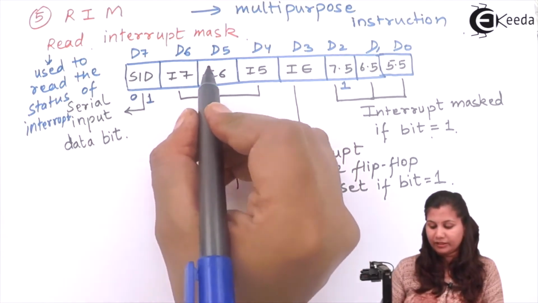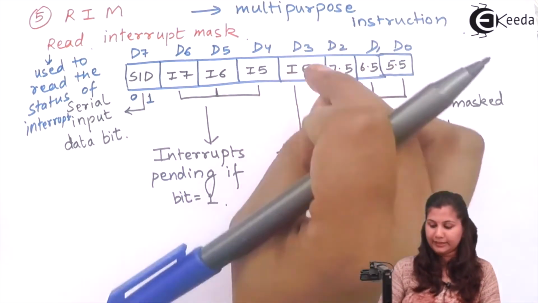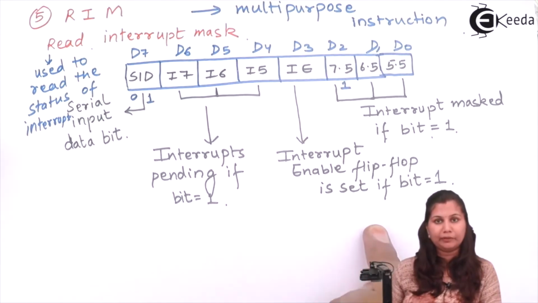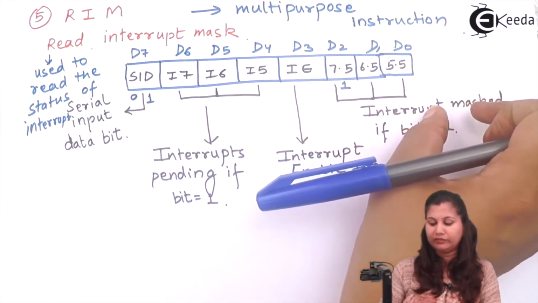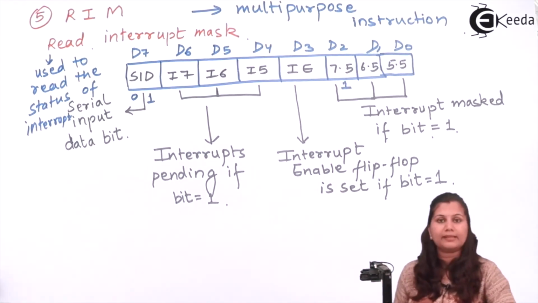Then D6, D5, D4 will be taken as the interrupt pending bits. Then D3 will be taken as the interrupt enable flip-flop bit, and D2, D1, D0 are the interrupt masking bits. So this is the RIM instruction.